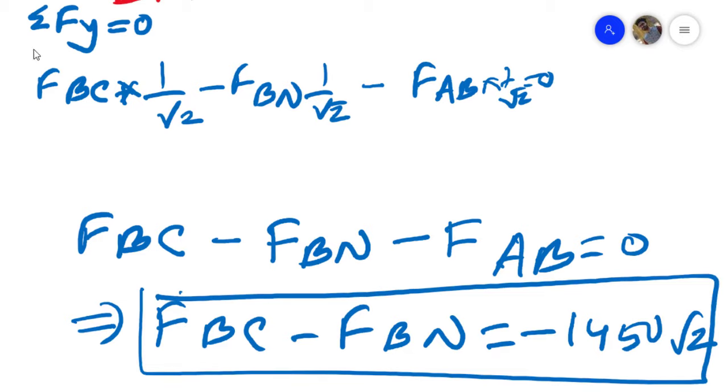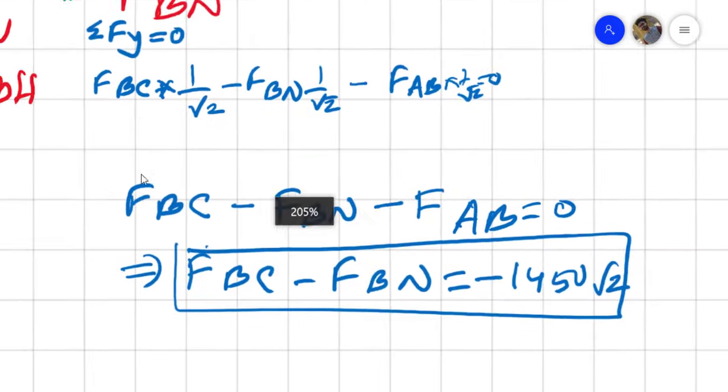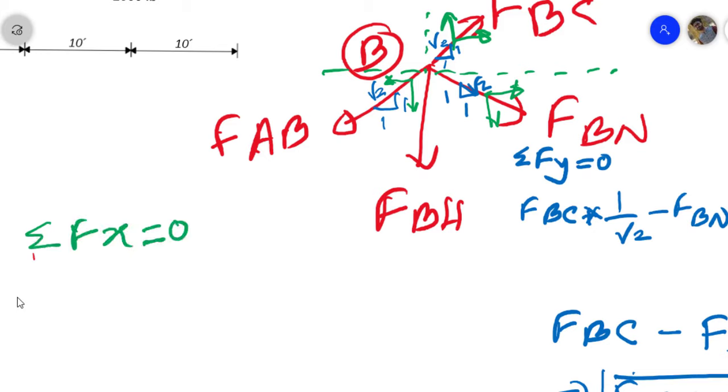Now you should apply summation of Fx equals 0. So let's talk about FBC. About FBC, this is the x component and this is in the positive x-axis. That is why FBC will be positive, and the component is 1 by root 2. Then what about FBN? The component is in positive x direction, that is why this will be positive.